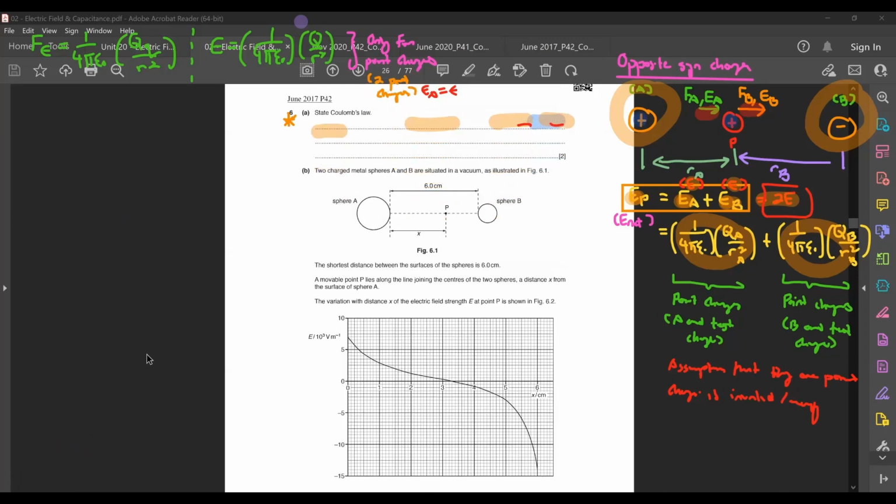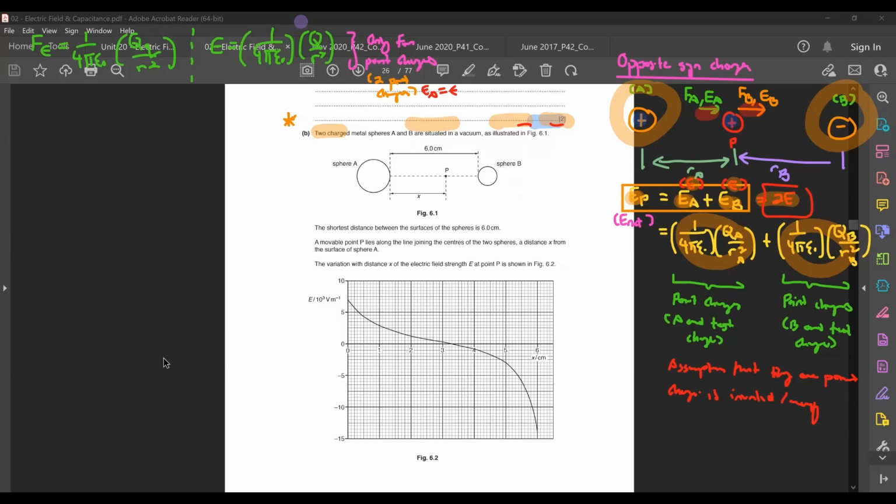So how do I know if it's positive-negative, negative-positive, or positive-positive? There are really only two cases: either same sign or opposite sign. The opposite sign one I already did from the previous question. We will consider the case where you have same sign charge.